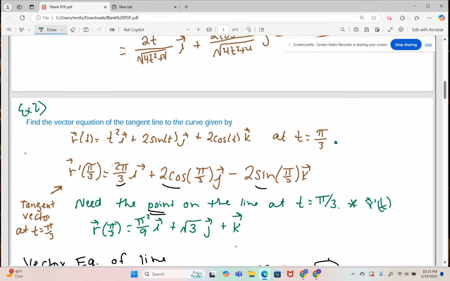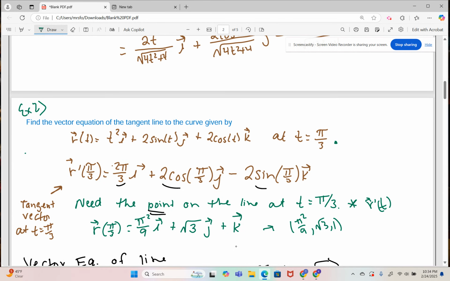Sine of pi over 3 is half of square root of 3, so that becomes square root of 3. Cosine of pi over 3 is 1/2, so 2 times 1/2 is 1. And so we can create the point: pi squared over 9, square root of 3, and 1.